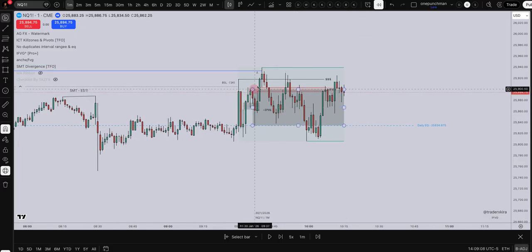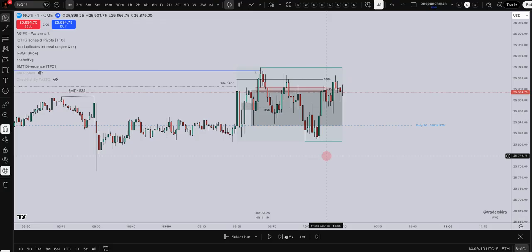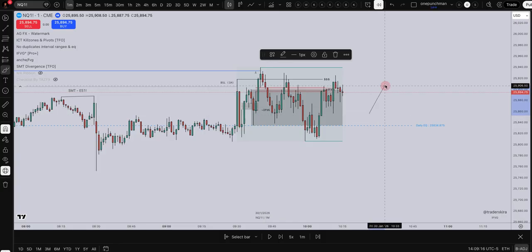Now, when we're looking for unicorns, typically what we're looking for, once again, is, in this case, we want to see price go up, create a higher high. We want it to come down, create a higher low, and then we want it to sweep a key level of liquidity with the higher high.